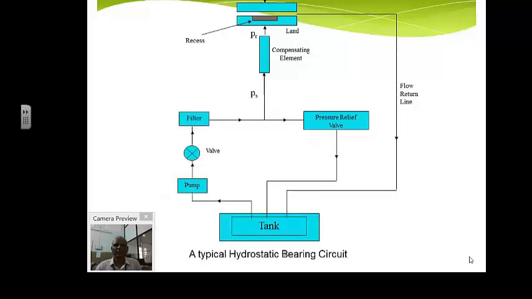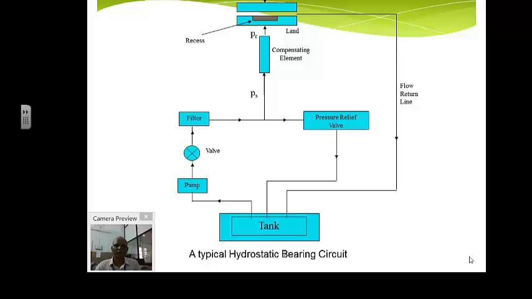So this is the hydraulic circuit required for a hydrostatic bearing. There will be a tank which stores the lubricant, and it is pumped through a flow control valve. There will be filters in order to remove any debris, and there is a compensating element which is required for controlling the pressure in the recess portion.